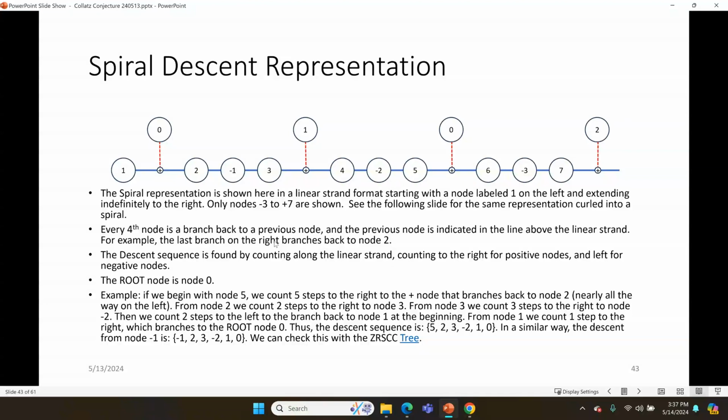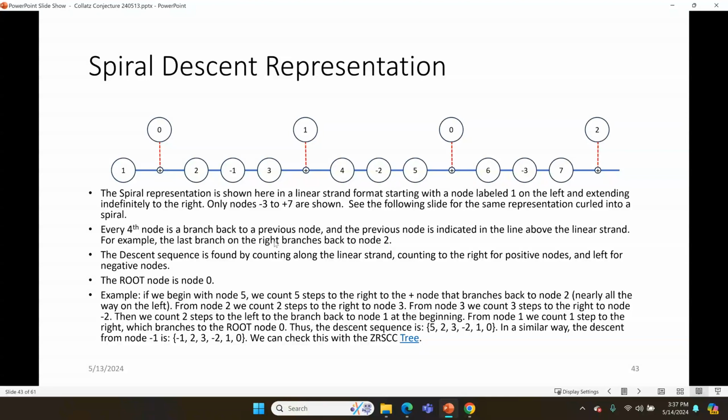So you can see the pattern of the arrangement for the Z values, and the spaces are branches back to previous Z values. So the first branch is to 0, the second branch is to node 1, the third branch is also to 0, and then the fourth branch goes back to node 2, and so forth. We'll see how this makes sense in the spiral representation in the next slide.